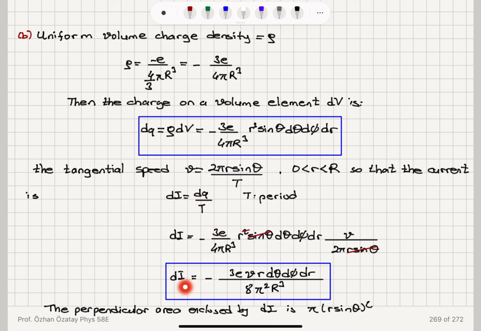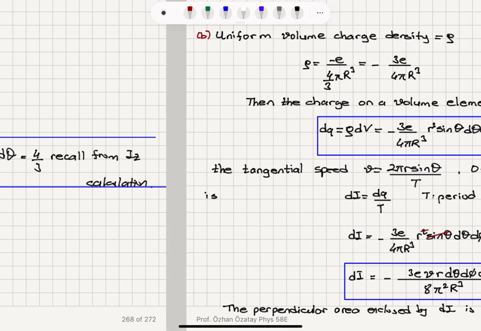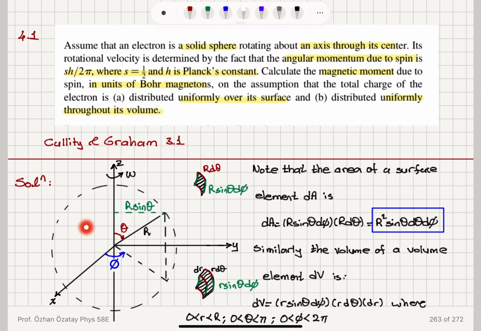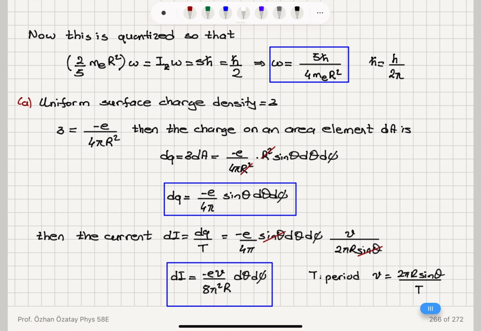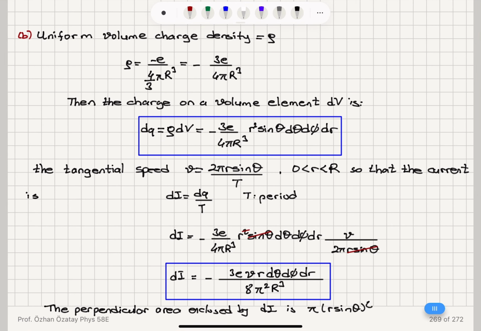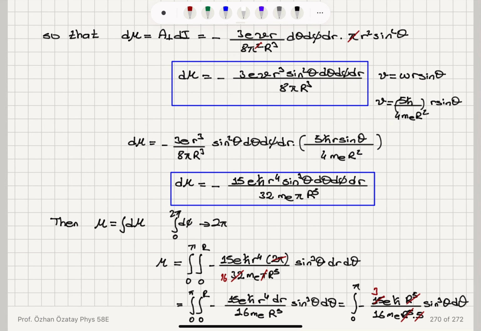So we calculate di. And the current enclosed by this element is basically this area. This is at a radial distance r, angle theta from the center, and so that area is pi times r sine theta, squared. So we have seen that when we multiply this current by the area to calculate d mu, we obtain this result.